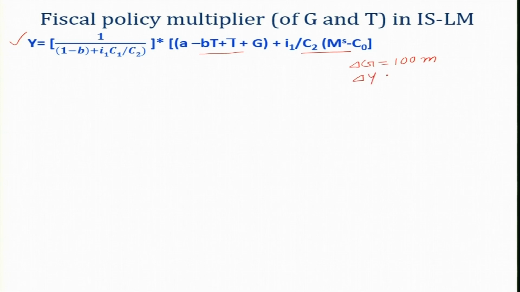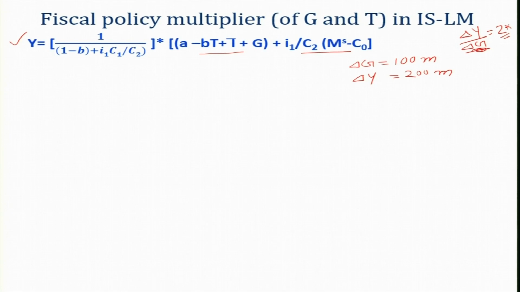If output has increased to 200 million due to the increase in government expenditure, then the government expenditure multiplier is going to be 2, because 200 divided by 100 gives 2. That is the multiplier. So what does it mean? When government expenditure increases by 100 million, there is a 2 times increase in output. This is the basic intuition behind the multiplier idea.